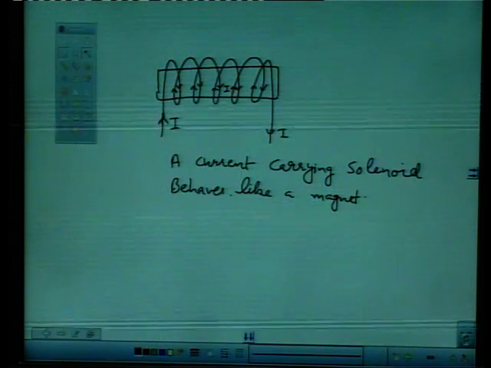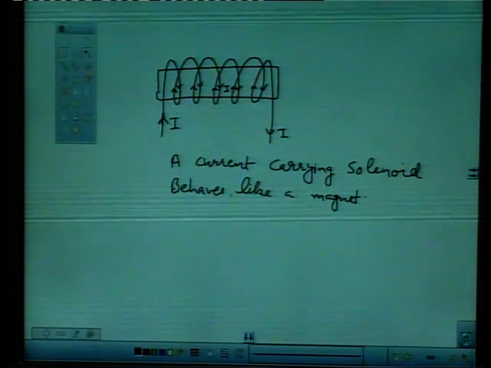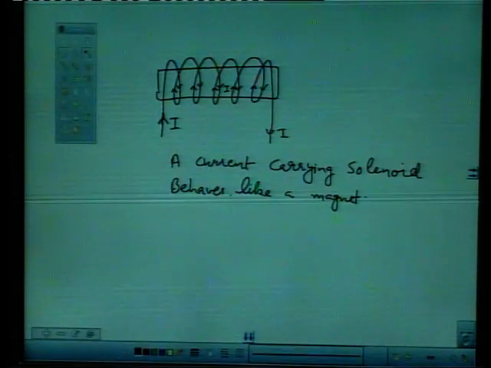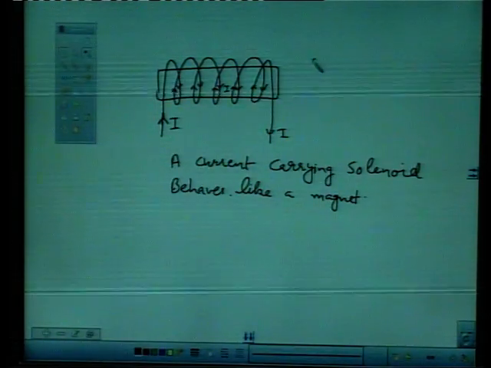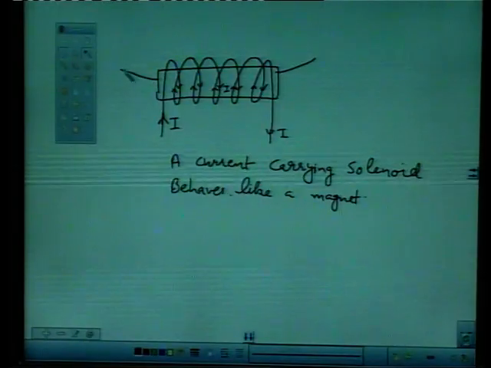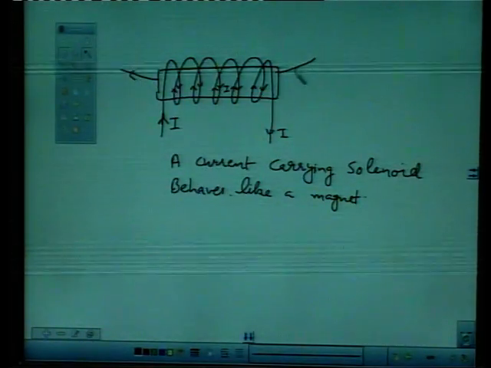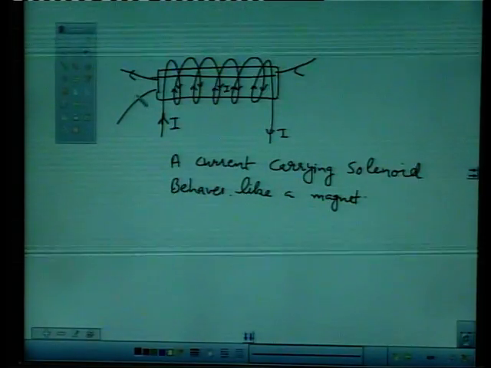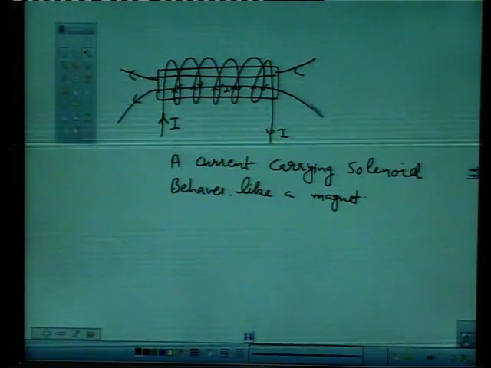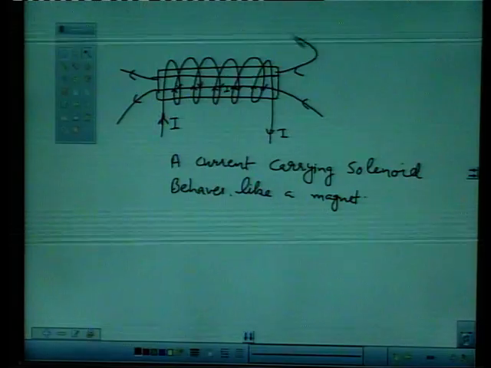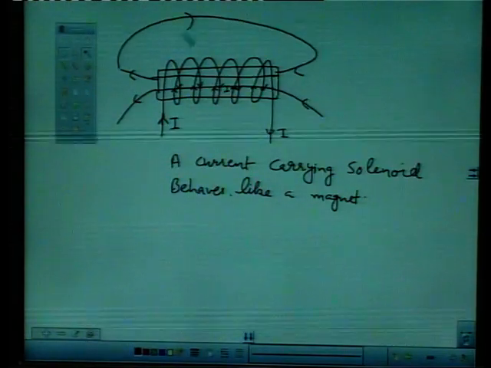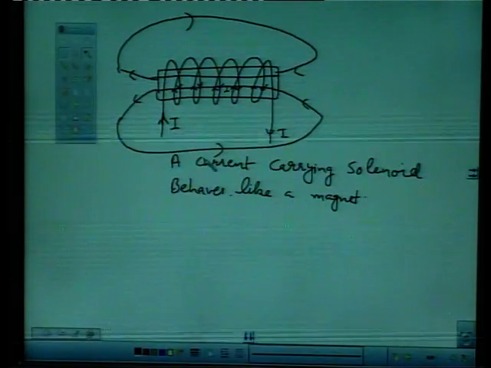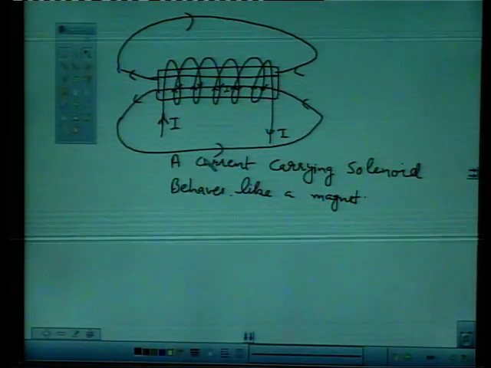If we put the thumb along the direction of current and curl the fingers of the right hand, the magnetic field will be like this. So this will be the magnetic lines of force for a solenoid.